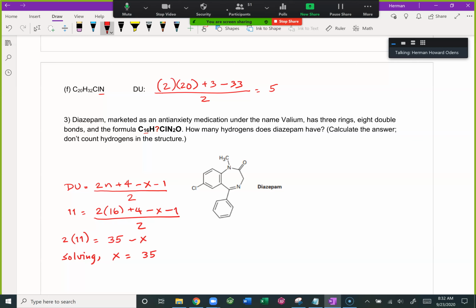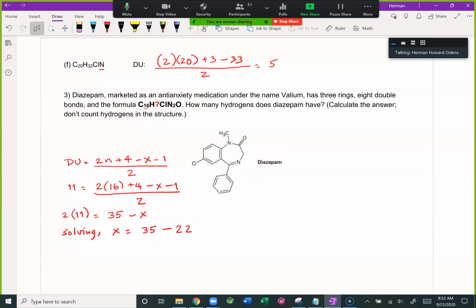It's positive, so I take it to the right side of the equation, and it's now subtracting. So 35 minus 22, x is equal to 13. Therefore, there are 13 hydrogens.